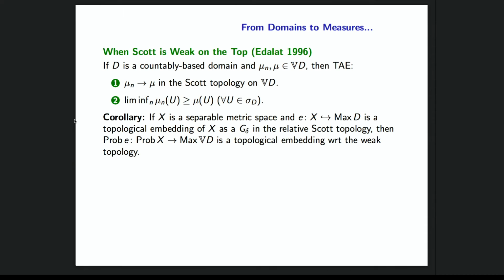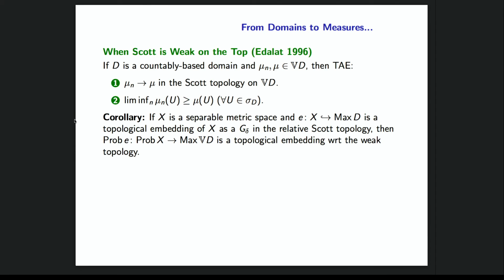So what he showed was if you have a countably based domain and a sequence of measures that are subprobability measures, then it's equivalent that in this domain, now I can talk about its Scott topology, the mu n's converge to mu, then the lim of mu n of any Scott open set is greater than or equal to mu of that set.